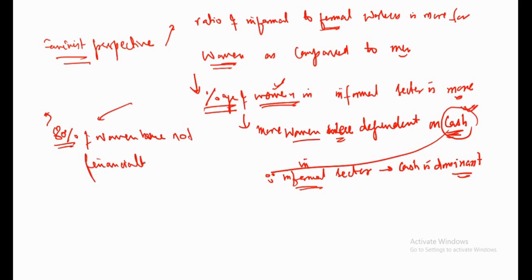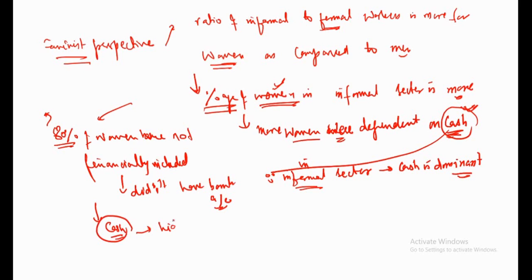It means that 80% of the women didn't have bank accounts. So it means that they were having cash, and that cash was hidden from men, because the poor women were hiding their money in cash from their husbands, who could spend it on alcohol consumption etc. without the women's permission.